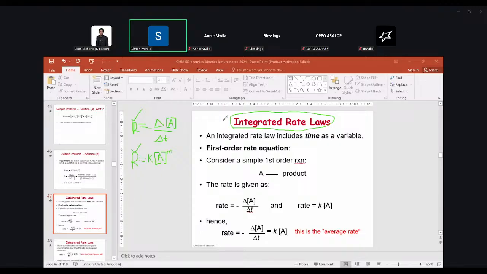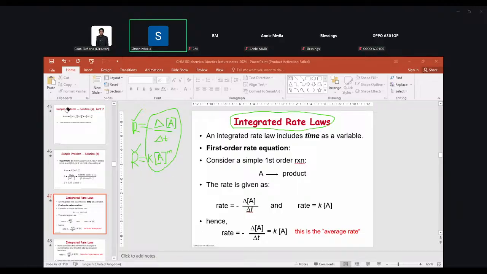The integrated rate law really combines these two rates together because rate is equal to rate. So when you integrate the equation, it gives you what is called the integrated rate equation or rate law.